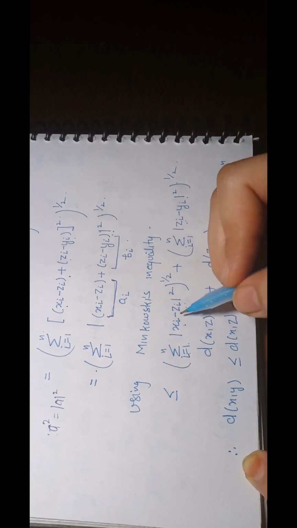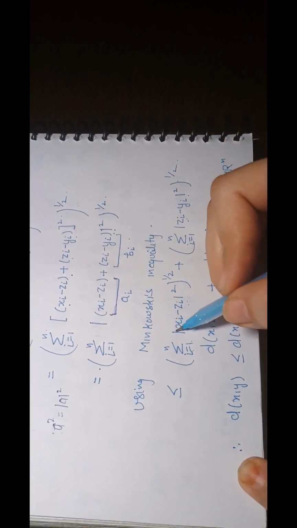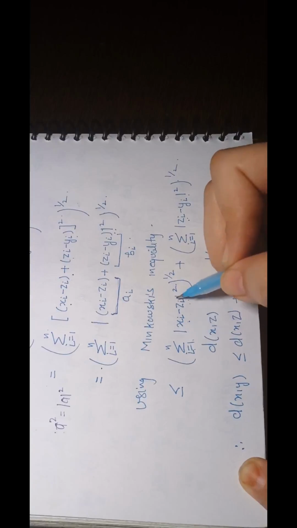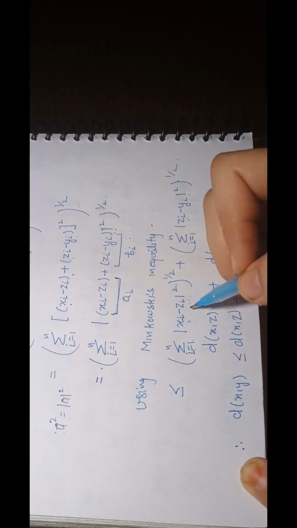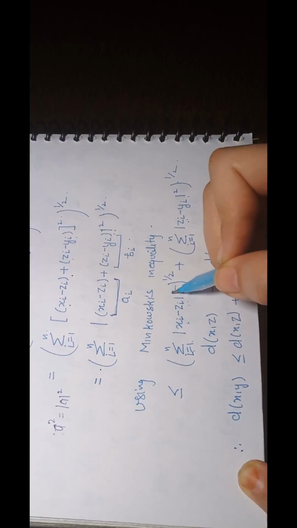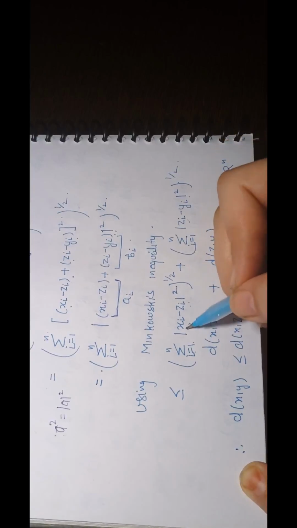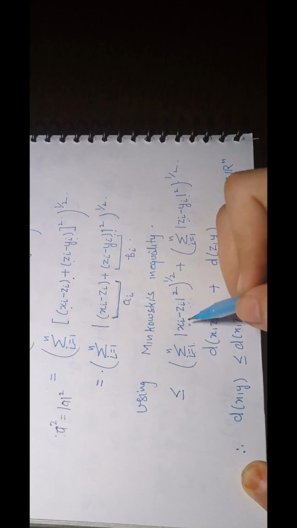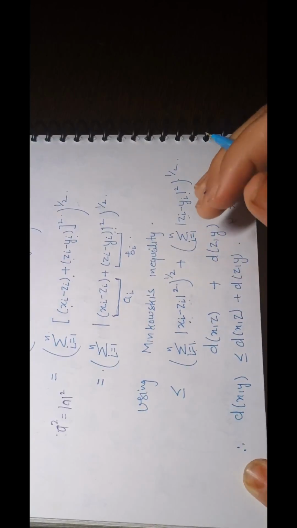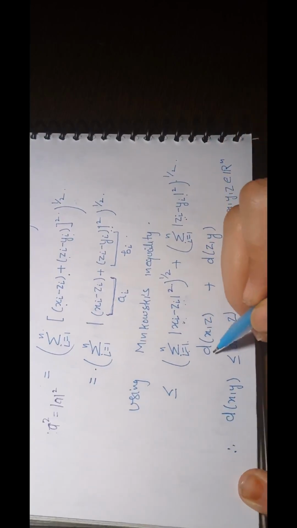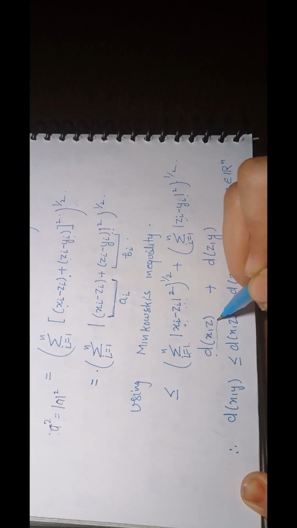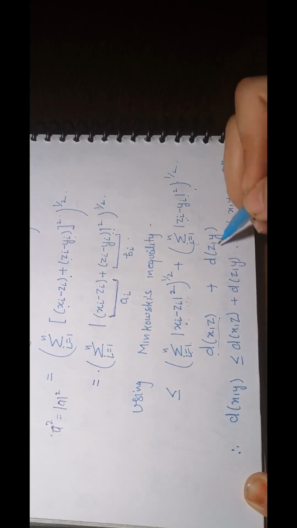If I remove the mod, will that change the value? No, that will not, because the square of a term is always positive. So keeping mod or removing mod will not make any difference. So this is by definition d of xz, and by definition this is d of zy.